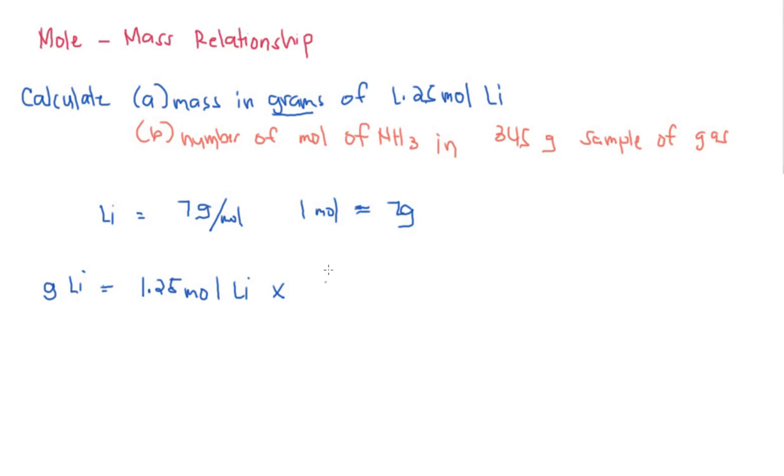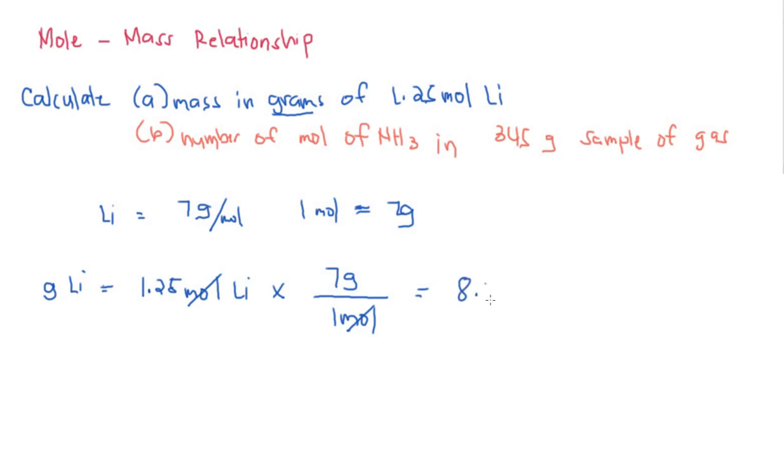So we will start at 7 grams over the 1 mole. Okay, so you have there the relationship 1 mole is equivalent to 7 grams. Next is cancel natin yung moles niya and you will get 1.25 multiplied by 7.